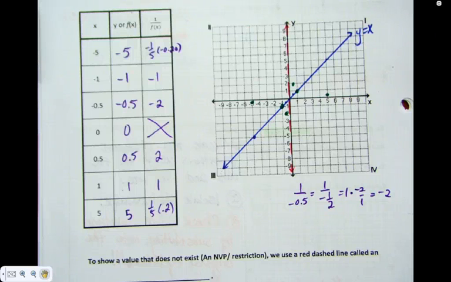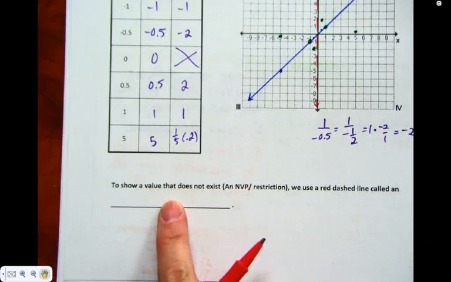You know the x-axis? The reason they don't do it in a different color is because it could look like an inequality. Remember when we did linear inequalities and we had the dashed line versus the solid line? So that could look like a linear inequality, where red is clearly does not exist.